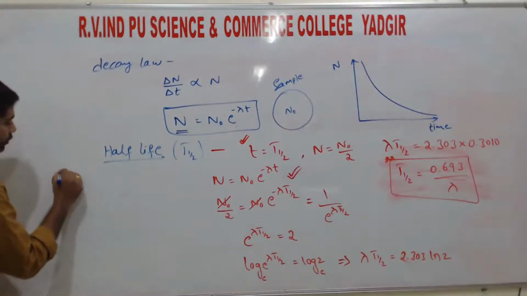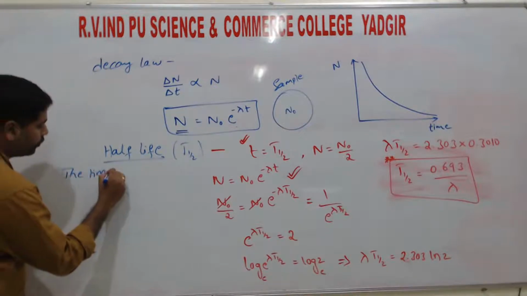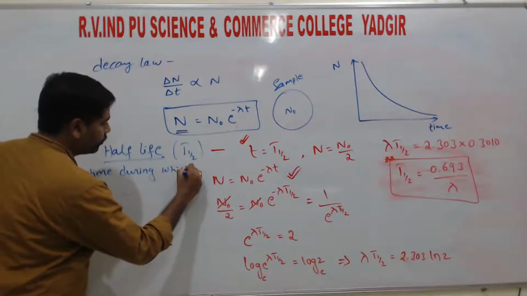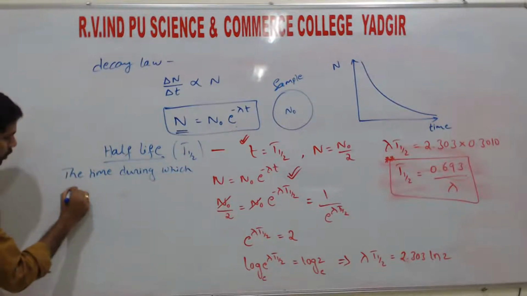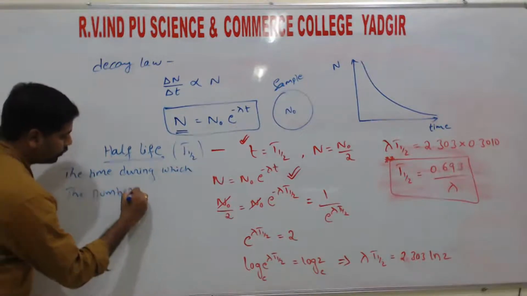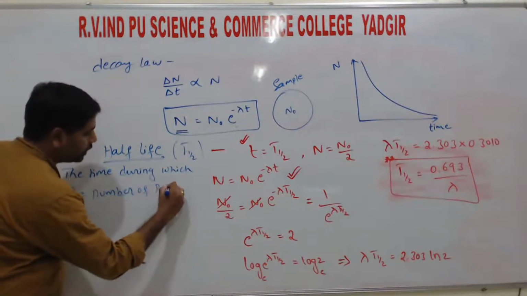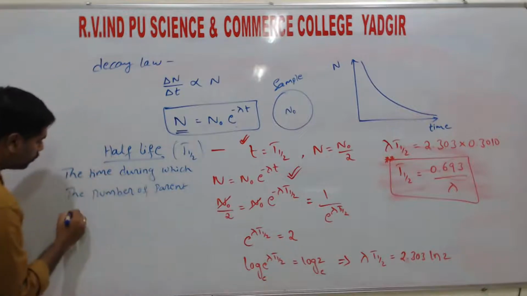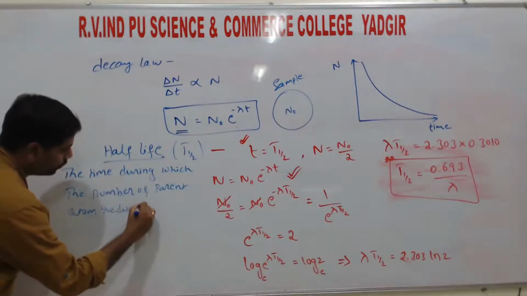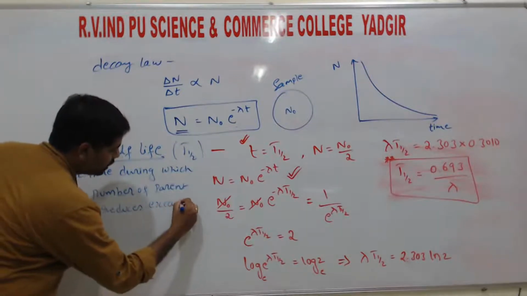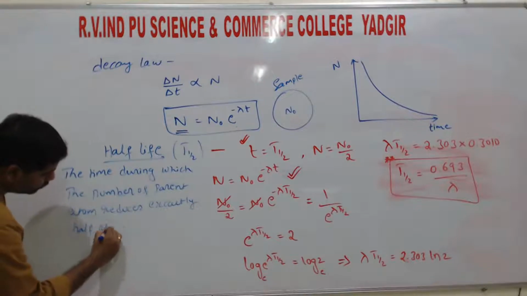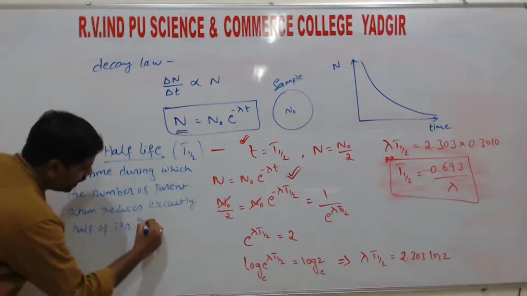The time during which the number of parent atoms reduces to exactly half of its initial value.